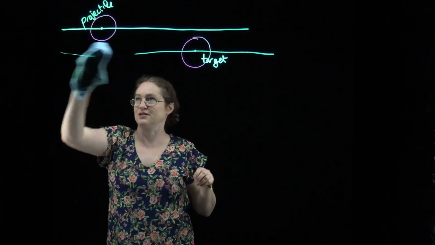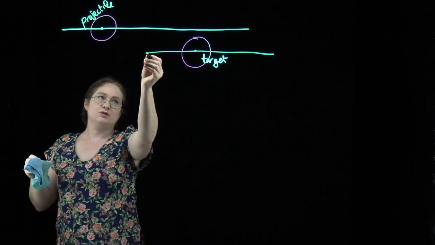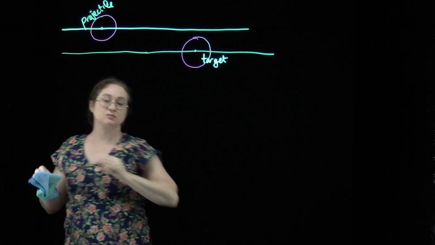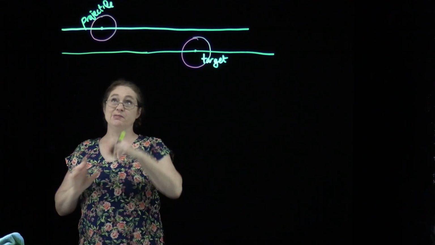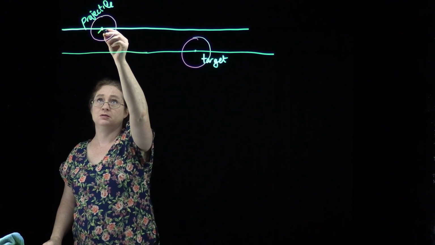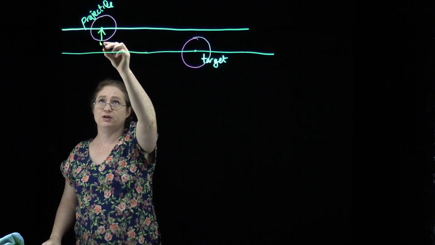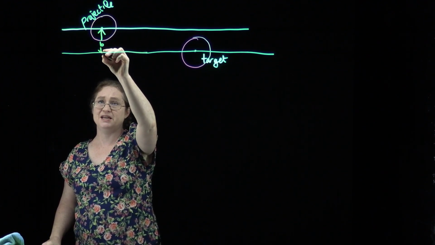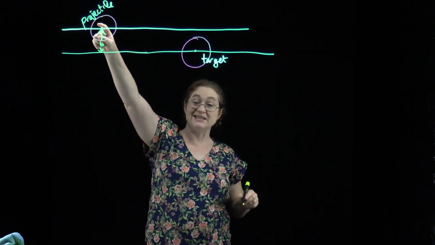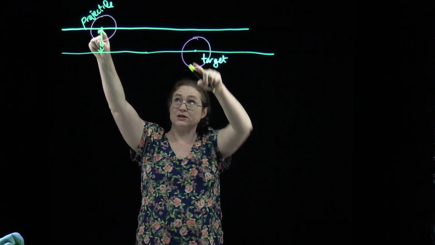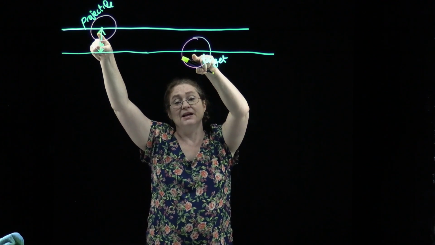I am a physicist, so I am not the world's greatest artist. And the impact parameter, we use the variable b, is the distance between the centers of mass of the projectile and the target.